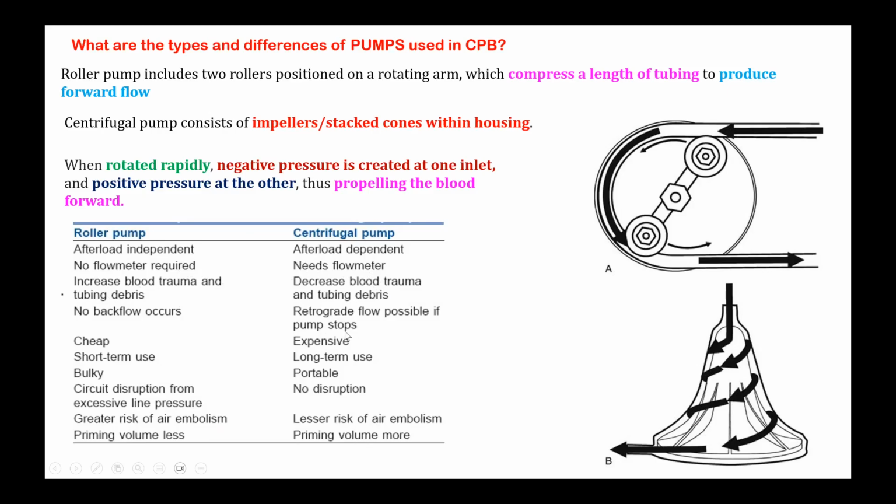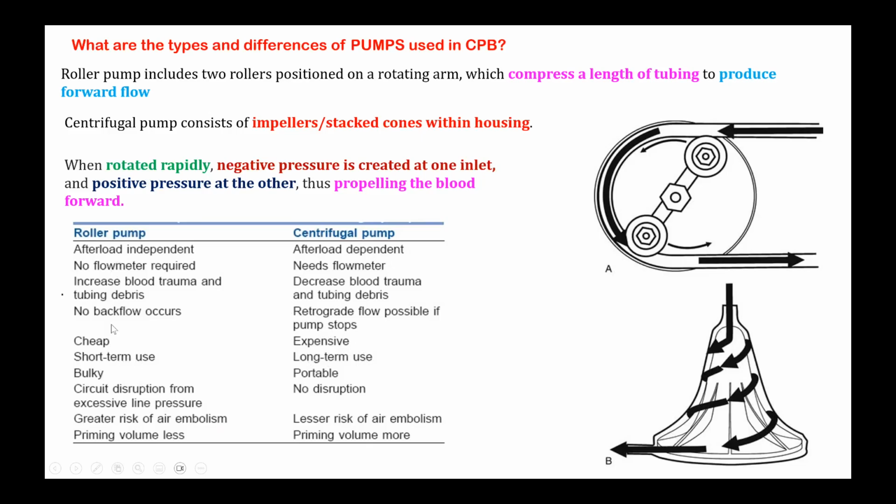And there is no backflow because it is a constant pressure applied in a forward flow fashion. There is no chance for the blood to go back, whereas in the centrifugal retrograde flow is possible if the pump stops. And roller pumps are quite cheap, economical, whereas centrifugal is costly, and roller is for short-term use, whereas centrifugal pumps can be used for a longer duration.